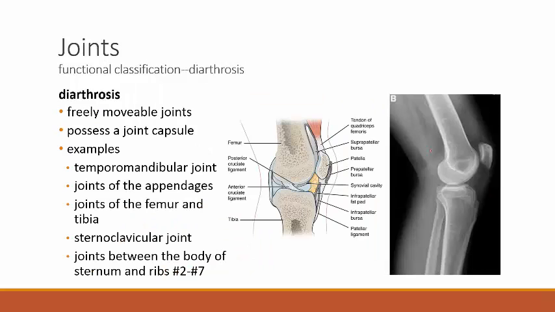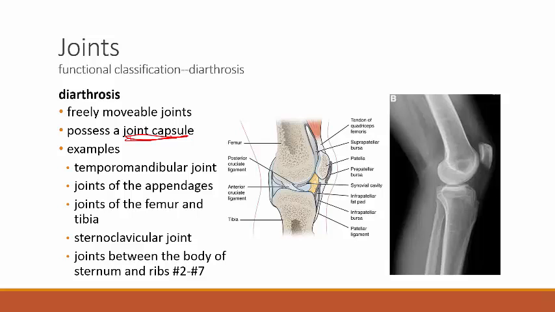And then finally, the diarthroses are the fully movable, the very mobile joints. And all of the diarthroses possess a joint capsule. So to be a freely movable joint, a joint capsule must be around it, allowing for that significant amount of movement. And so a number of the joints of the body are diarthrotic joints.